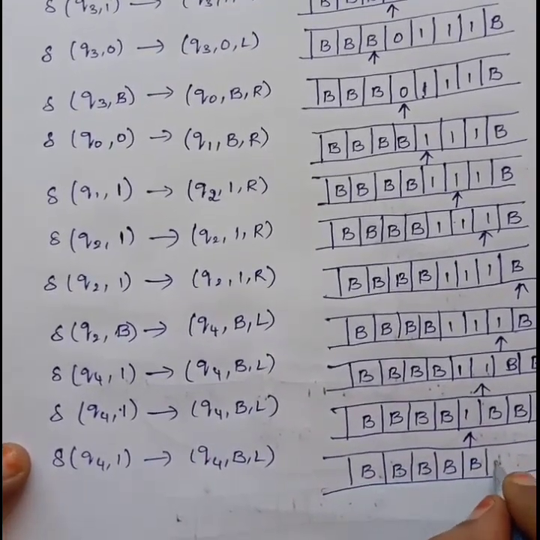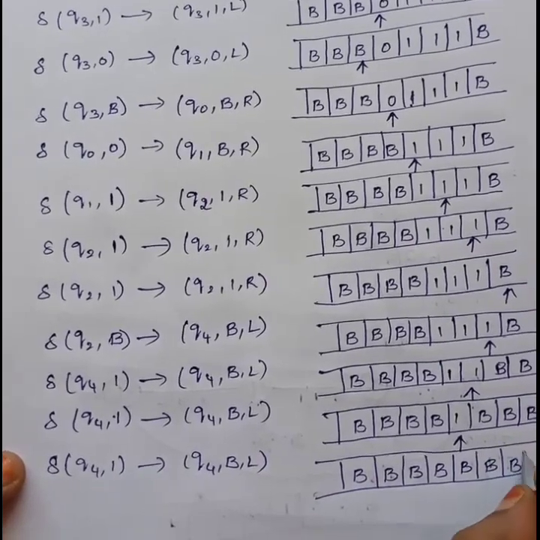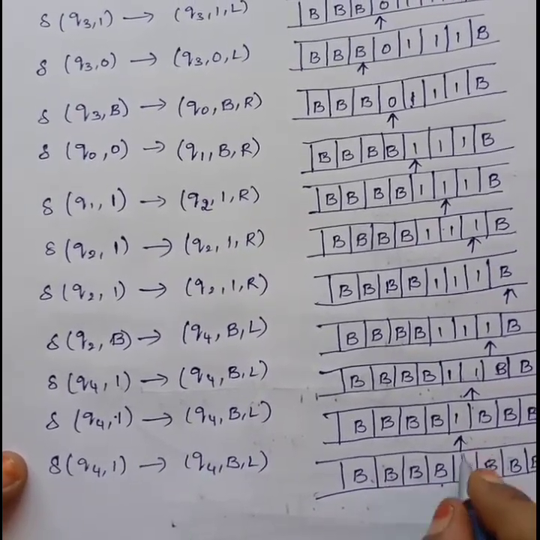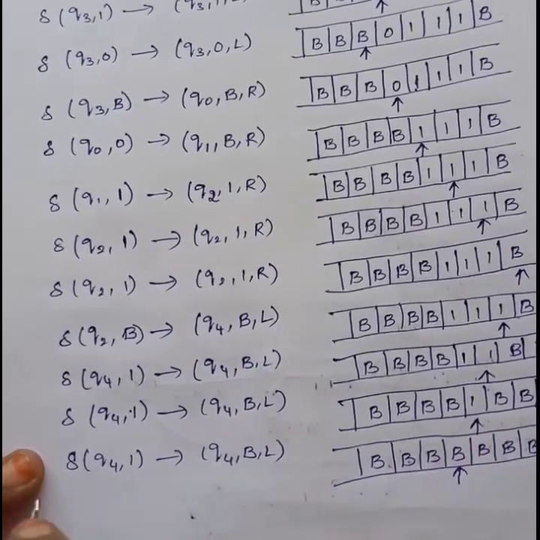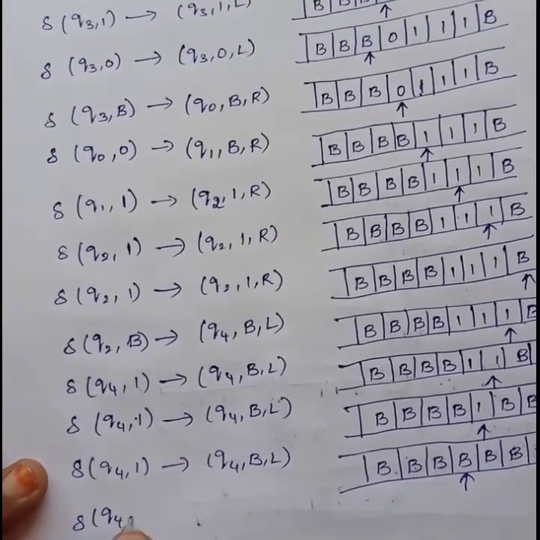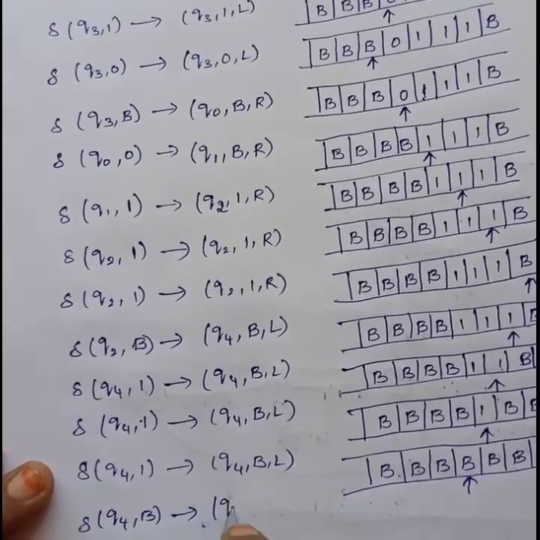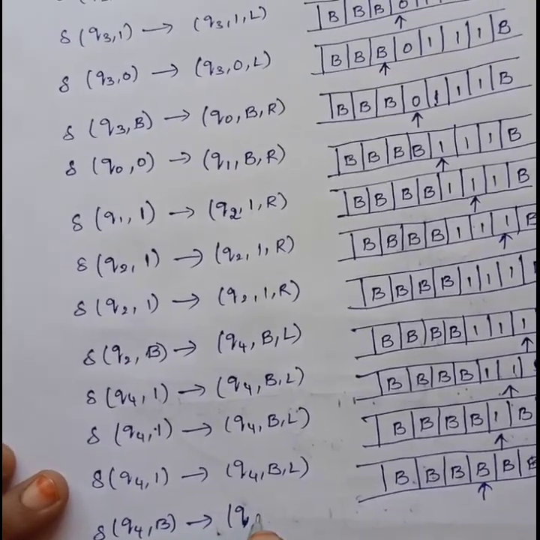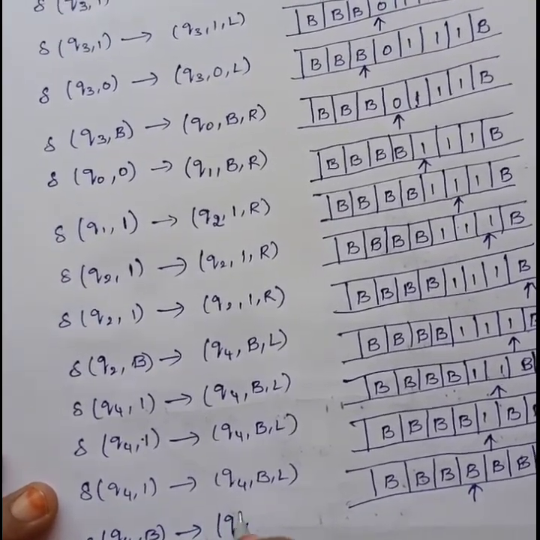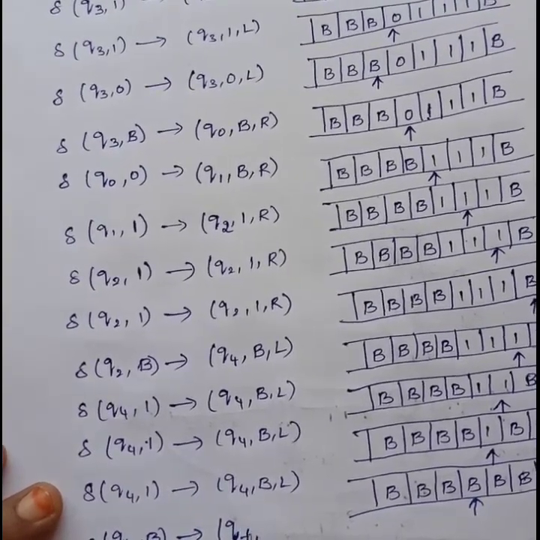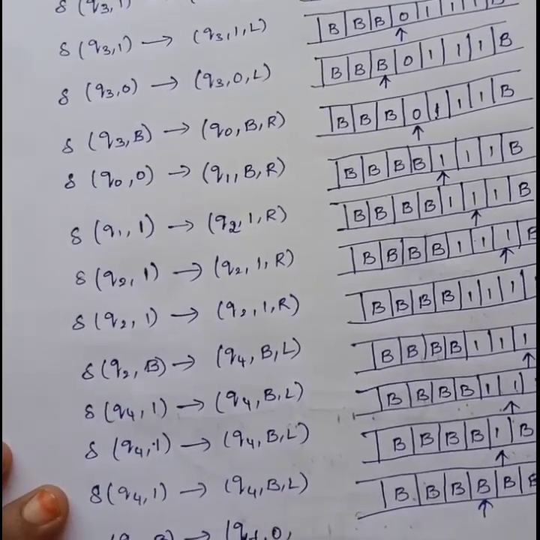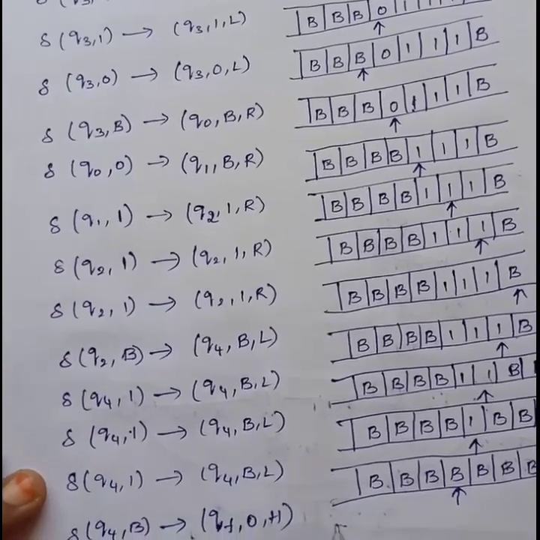So rewritten as B, moving from here to this. In Q4 state, if I get B, this can be rewritten by changing the state also. Here I am going to change the state to QF, which means final state, and this B is rewritten as 0 and halt the entire system.